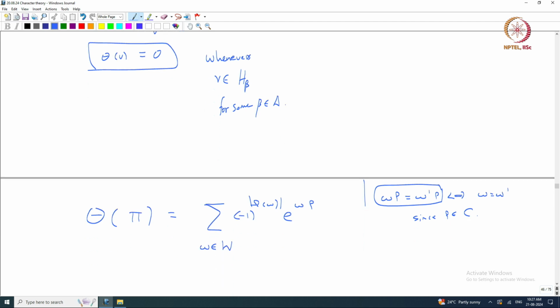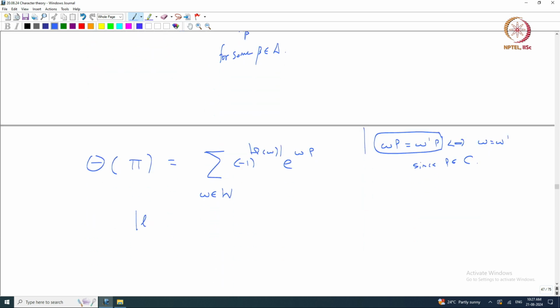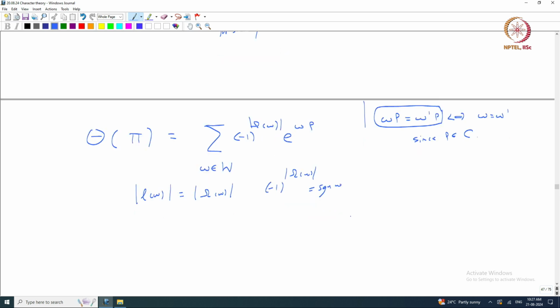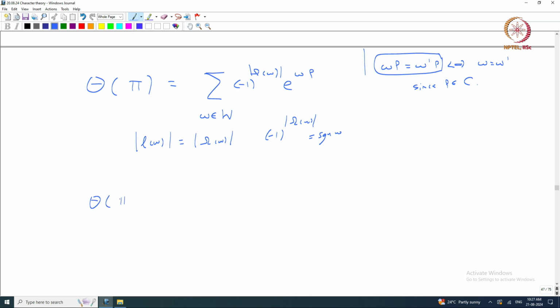Okay. So, now note that the length of W is the same as the cardinality of omega of W. So, that implies that minus 1 power the cardinality of omega of W is the same as sign of W. So, this theta of pi is nothing but the summation of sign of W, e power W rho, W in capital W. So, this is the sum set.